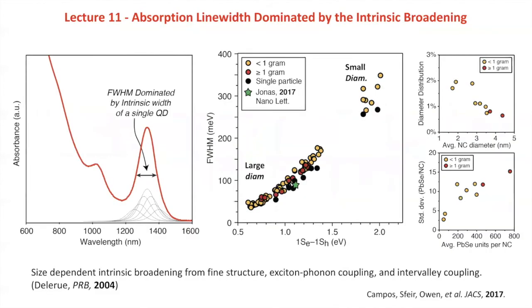Okay, so to explain this, I should say it's not very straightforward to explain this result with existing mechanisms. So I'm going to show you one possible alternative to this. But first, I want to say something about the line widths and the size distribution in these samples.